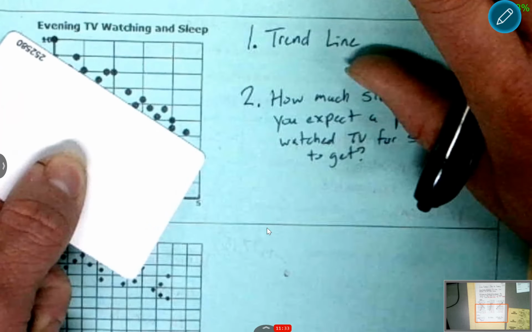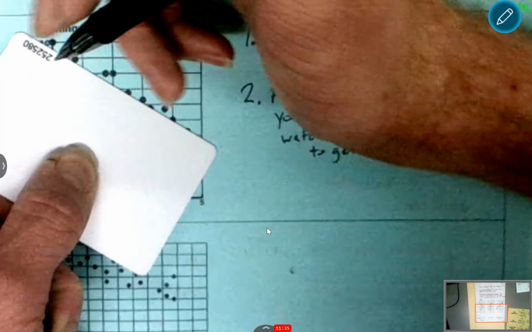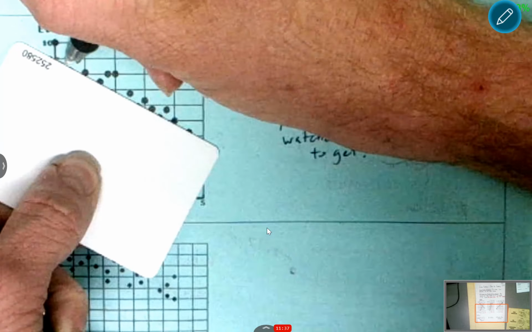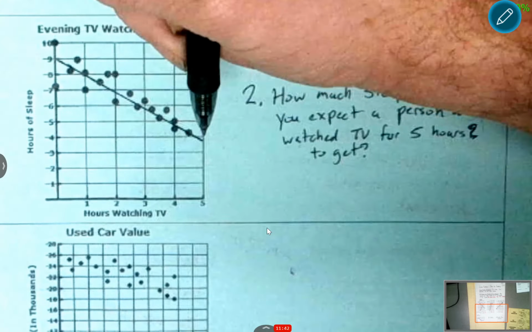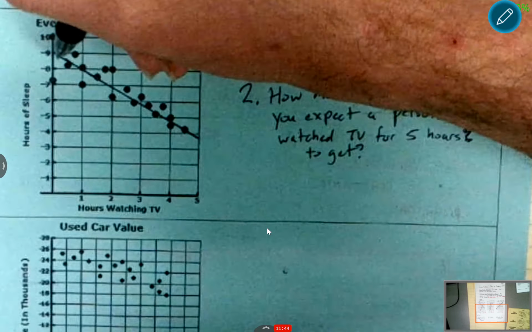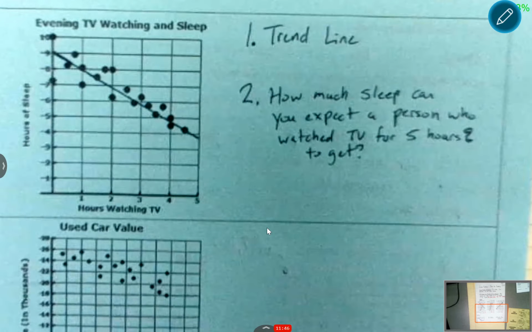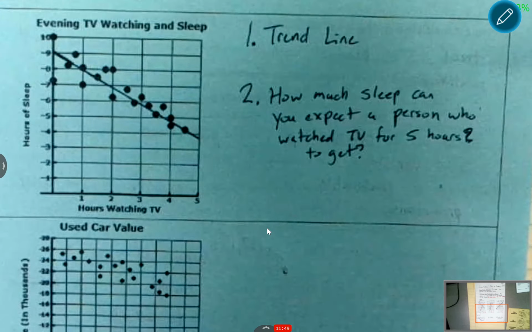And it looks like this is a pretty good spot. So whatever it takes for you to draw a trend line, it doesn't have to be perfect. We're just trying to sketch the best possible one. And you can see that that seems to go pretty close to through the dots as possible.